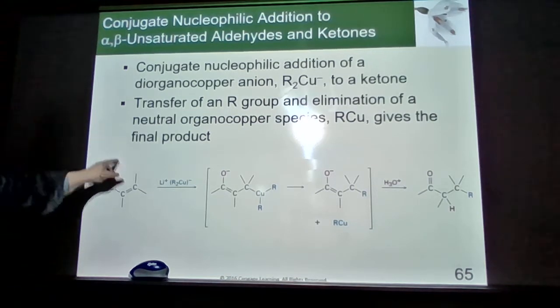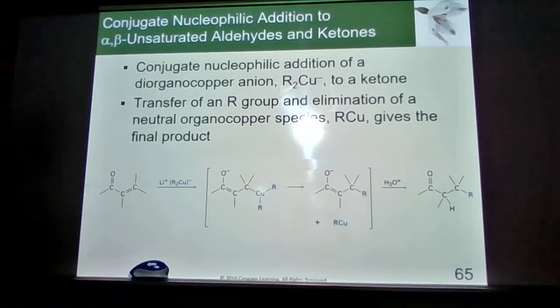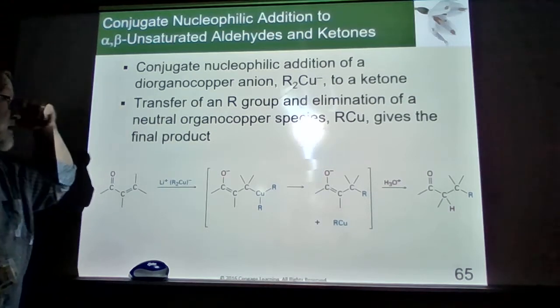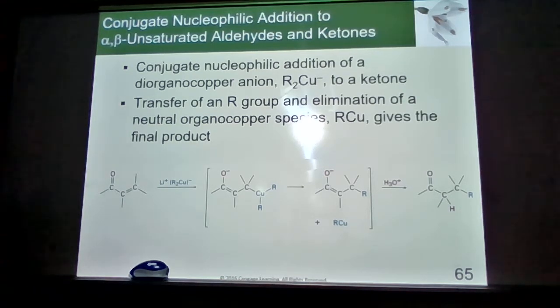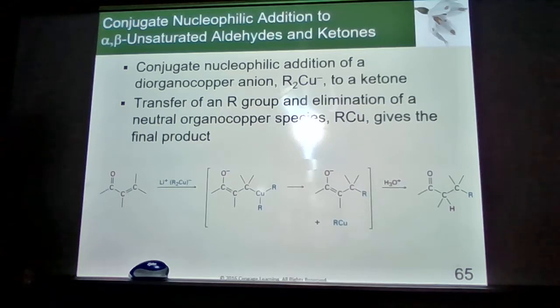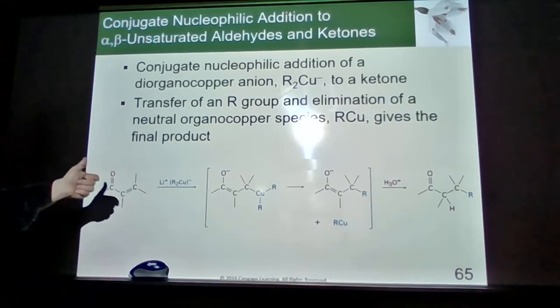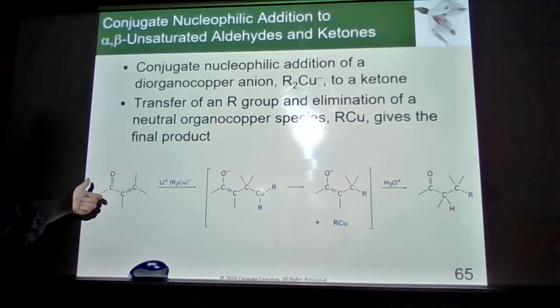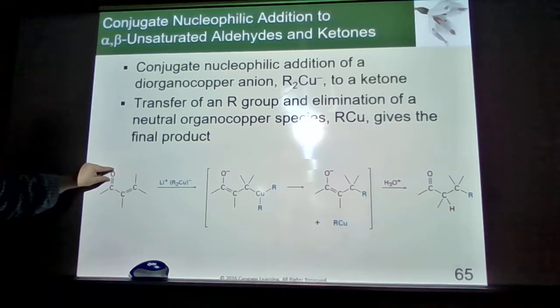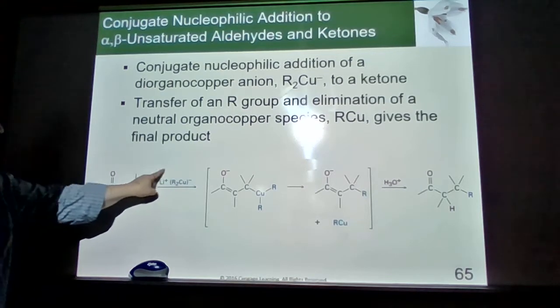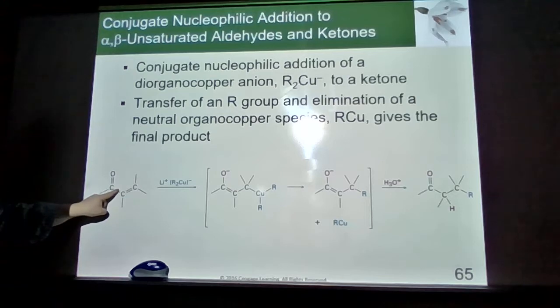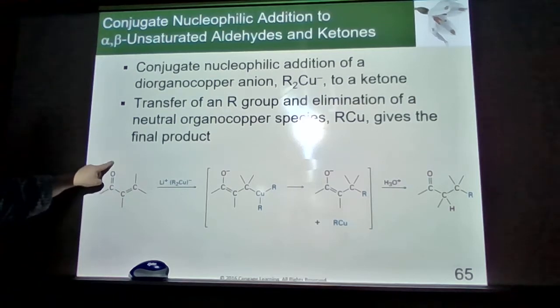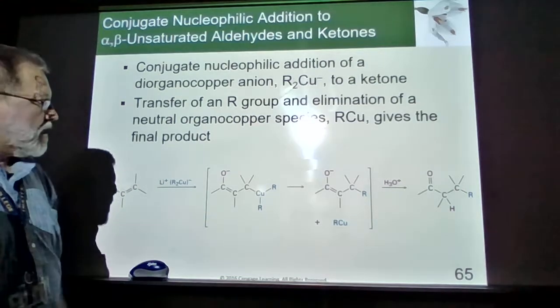If we look at the reaction mechanism, conjugate nucleophilic addition of the diorganocopper reagent, R2Cu minus, to a ketone. The lithium complexes with the oxygen. The carbanion adds in, double bond breaks and goes here, oxygen goes there.